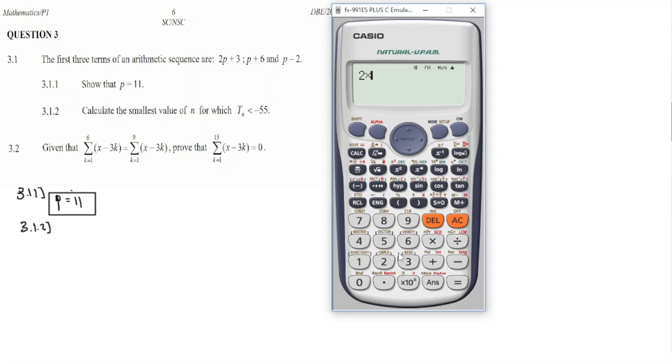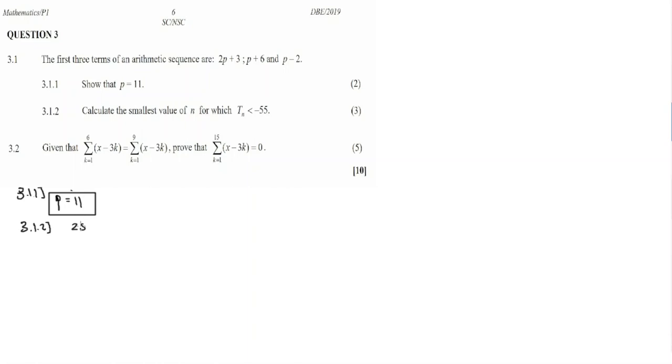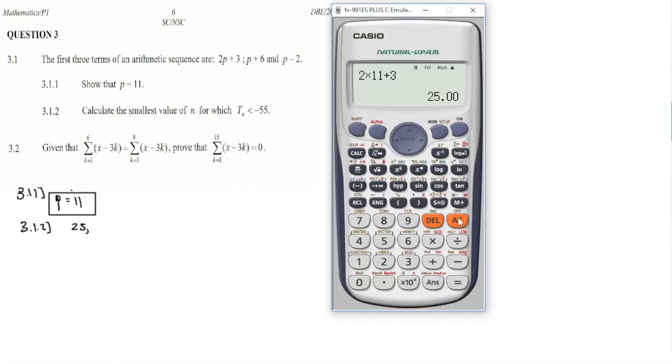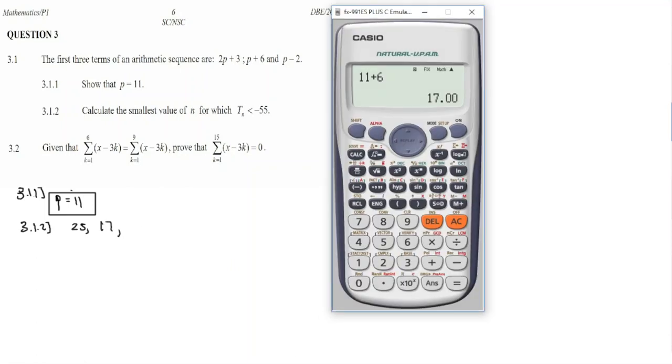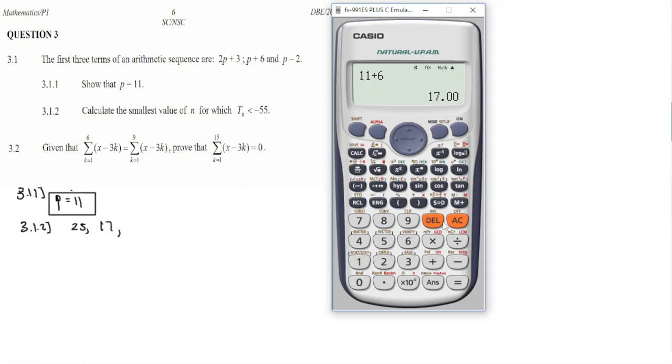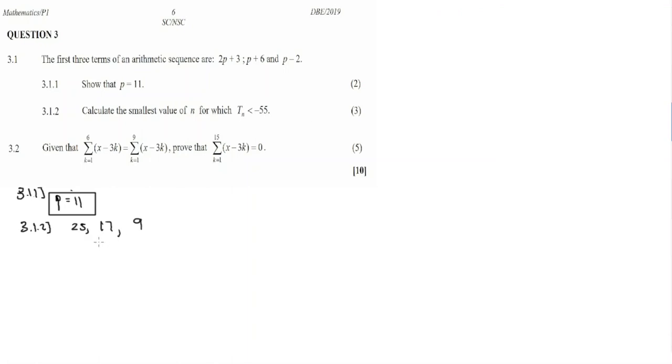So ngithi 2 times 11 plus 3 inginikeza u25 lana, 25 t1, and then second term is 11 plus 6 is equal to 17, and then kuba nani futhi kuba no p 11 minus 2 is equal to 9, so therefore this is our arithmetic sequence without abu p.